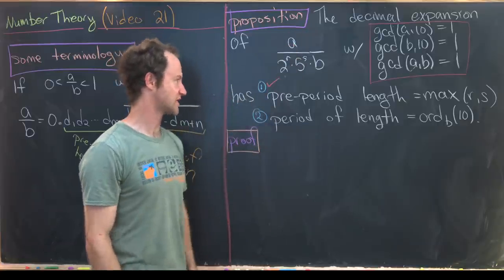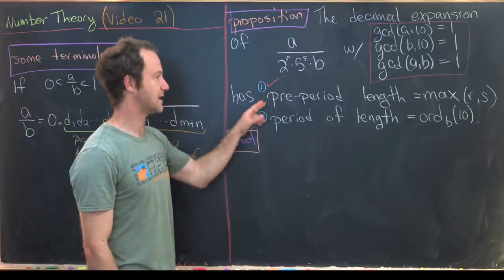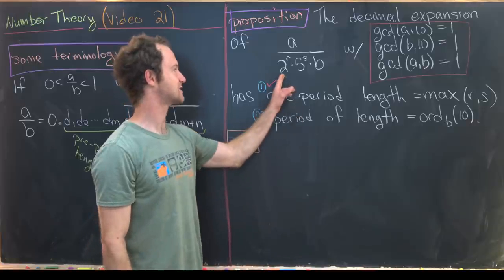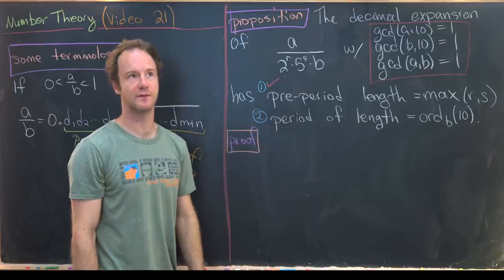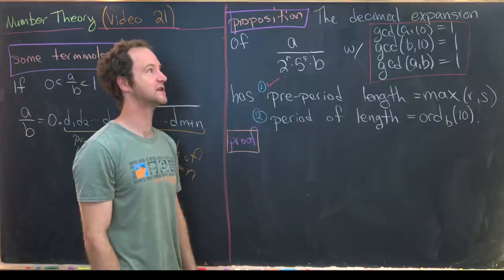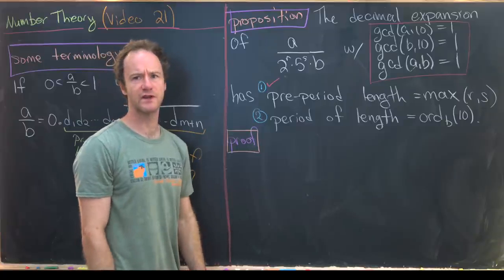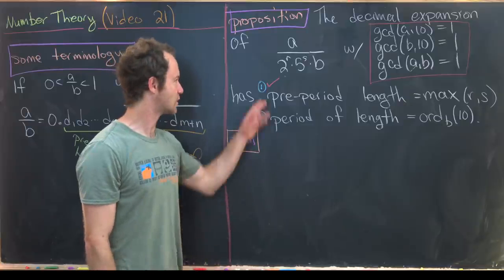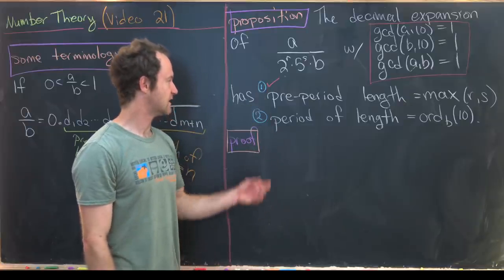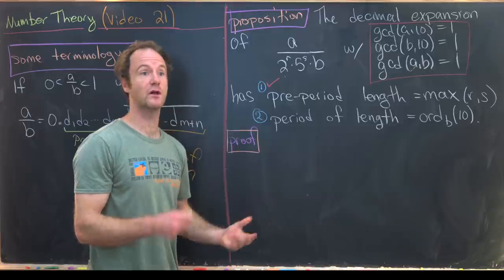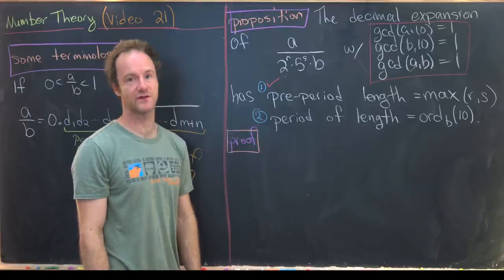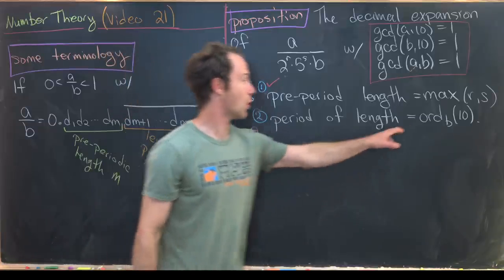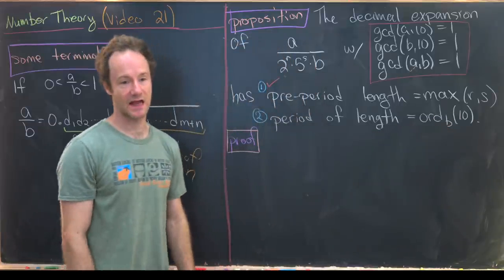So this type of rational number has a pre-period of length maximum rs. So the maximum among the power of 2 and the power of 5. That actually follows exactly from the proof that we saw at the very beginning of the video. We actually outlined that already, so we're not going to worry about that proof. Then the second thing, which will be built off of the proof that we saw of the last theorem, is that the period of this is length order mod b of 10.